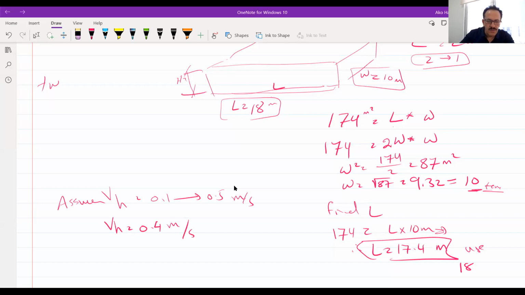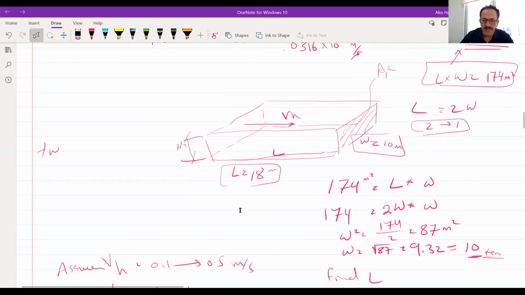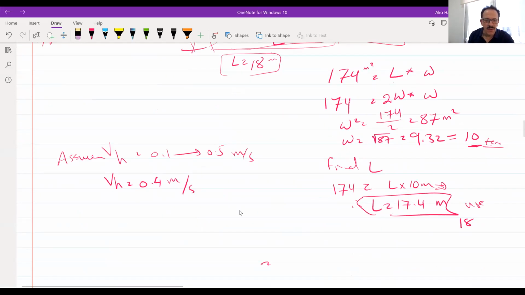So how can I take benefit from that? The horizontal velocity is equal to Q divided by the cross-sectional area of the flow. This is the cross-sectional area. Now, V horizontal, it assumes it will be 0.4 meter per second, which is equal to Q divided by area cross section.